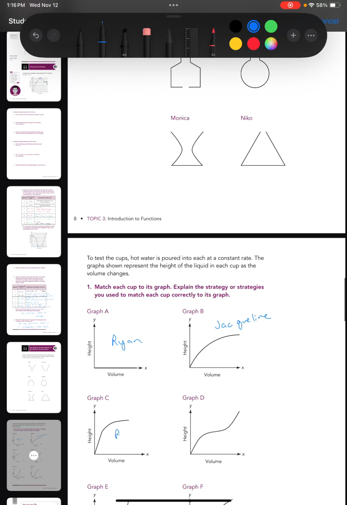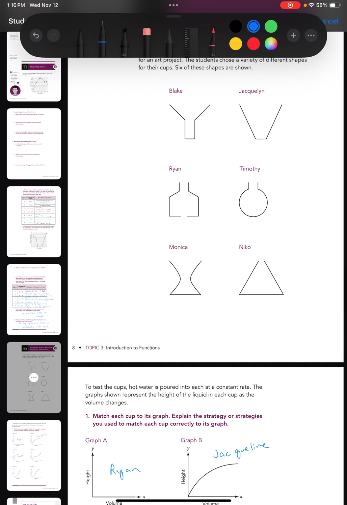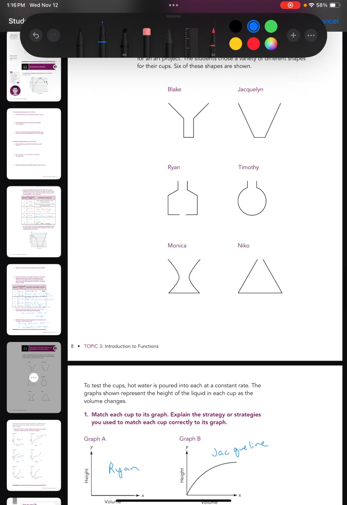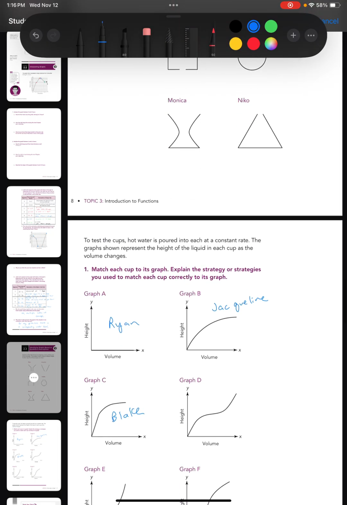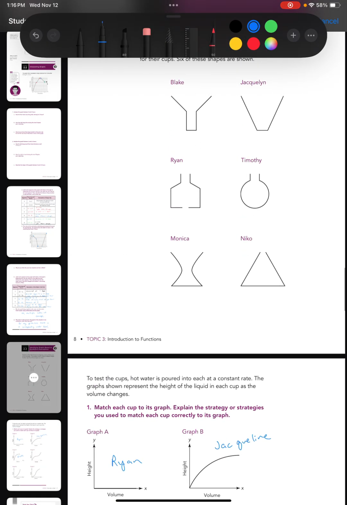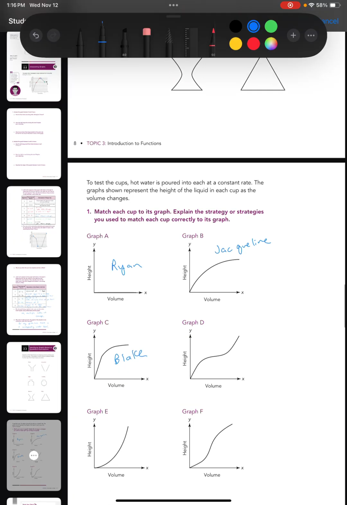Graph C is going to match mostly to Blake. His is going to fill up height-wise very quickly in the beginning. That's what that graph's showing. And then as it gets wider, it's going to slow down, just like that graph is showing. Graph D is going to correspond most to Timothy.